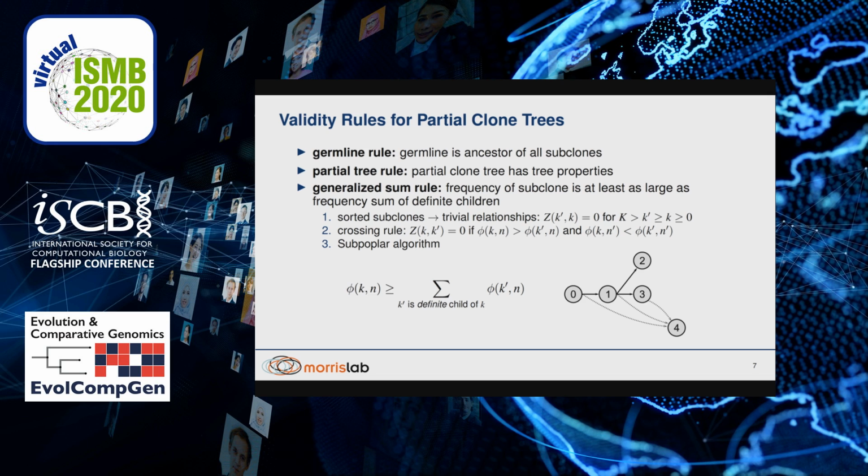For each subclone, the algorithm checks whether the subclone can become a definite child of its possible parents without violating the generalized sum rule. If this is not the case, the possible parents are removed. If a subclone has only a single possible parent left, this possible parent is made its definite parent.